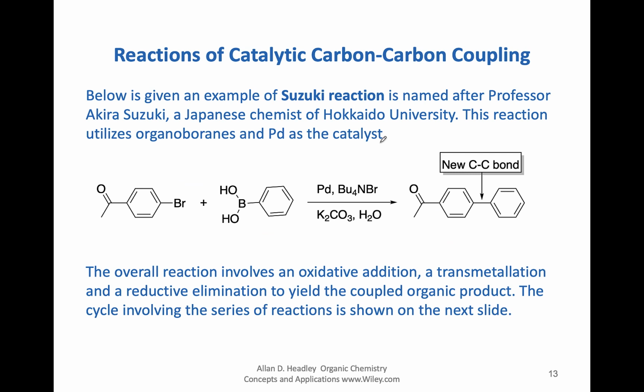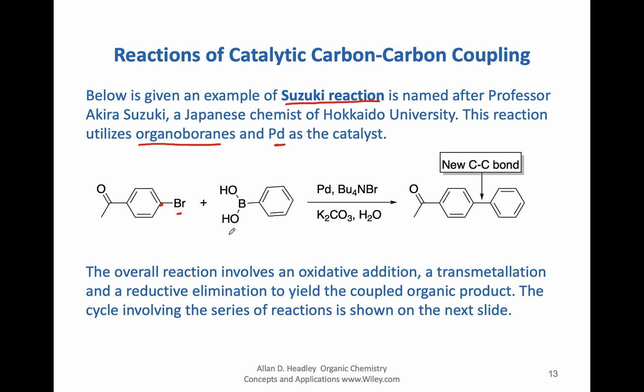Let's look at another one. This is called the Suzuki reaction, named after a famous Japanese chemist. This reaction uses organoboranes and palladium. As you can see here, here is the sp2 bond to a leaving group, such as in this case a bromide, but it could be an iodide.